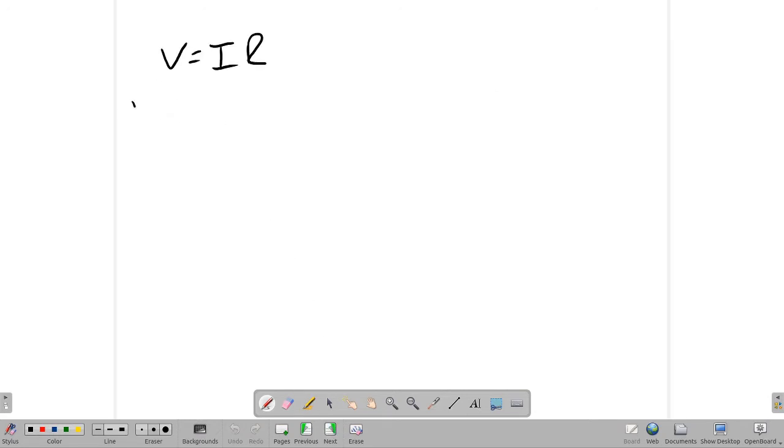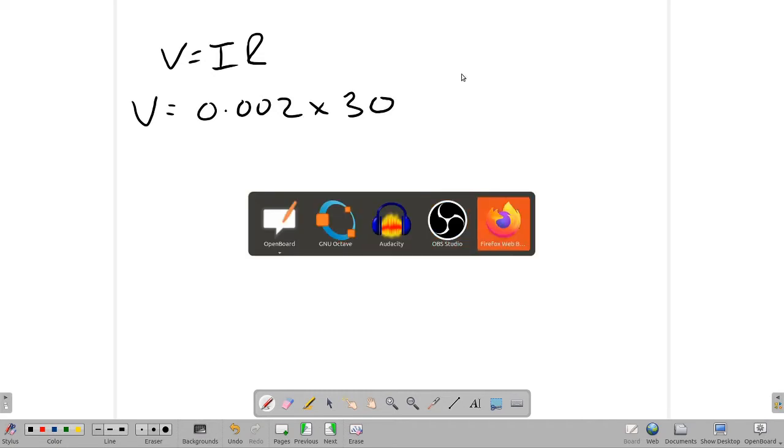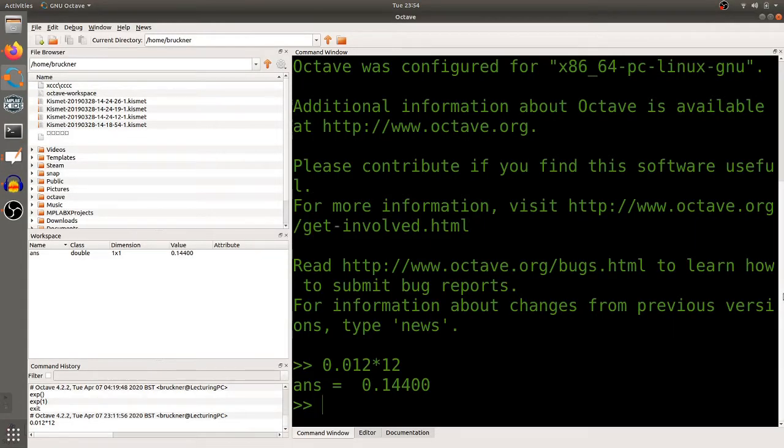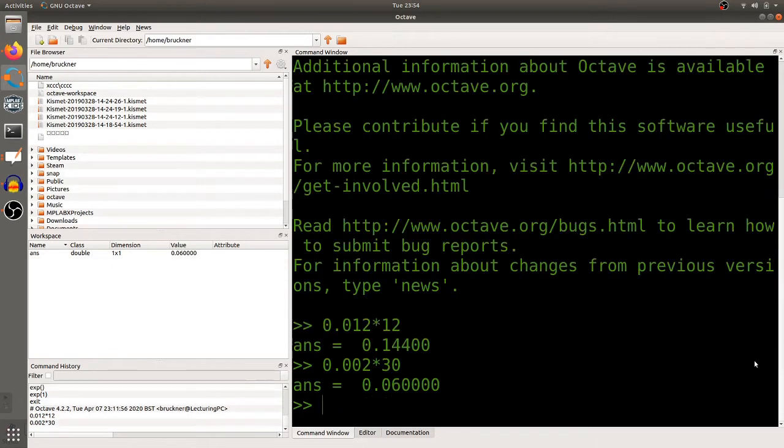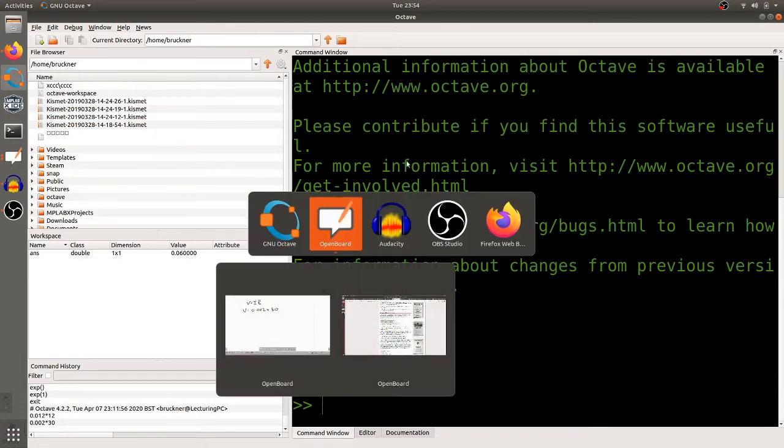So 0.002 times 30 gives us 0.06, so 60 millivolts.